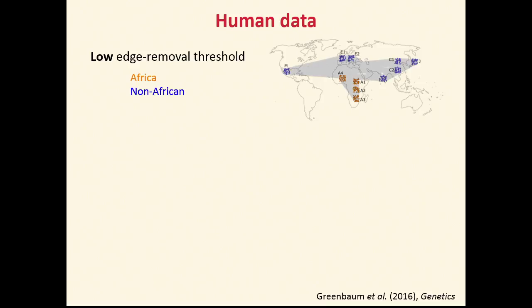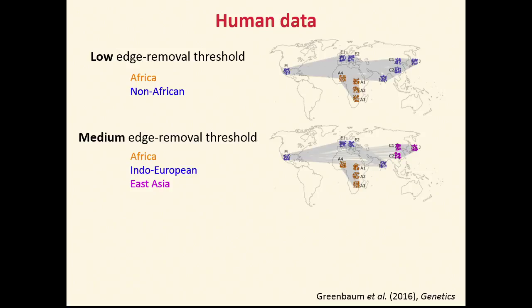So this is the result. For the lower threshold, we get a partition to 2 communities which correspond to African and non-African populations. With the medium threshold, the edge removal threshold, we get 3 communities corresponding to Africa, Indo-Europe, and East Asia.